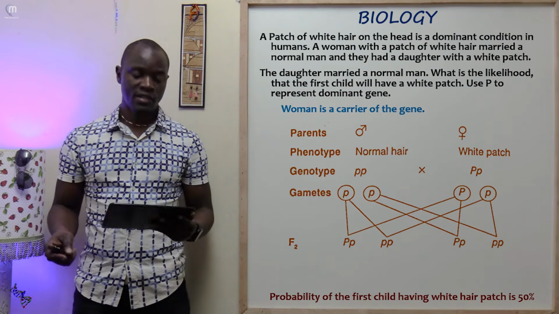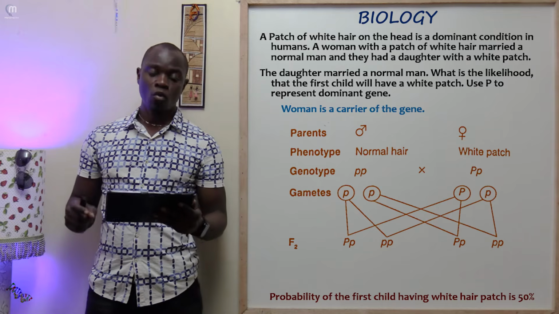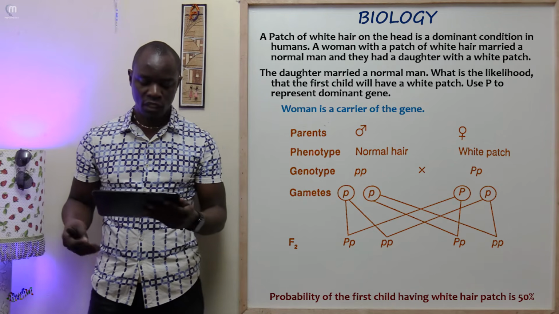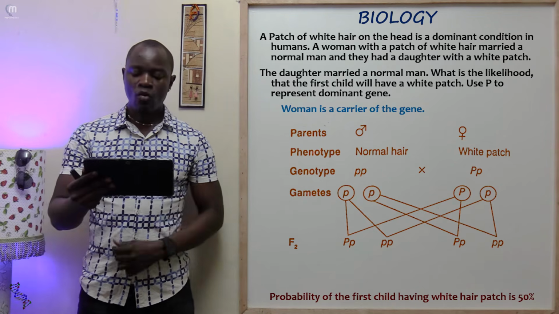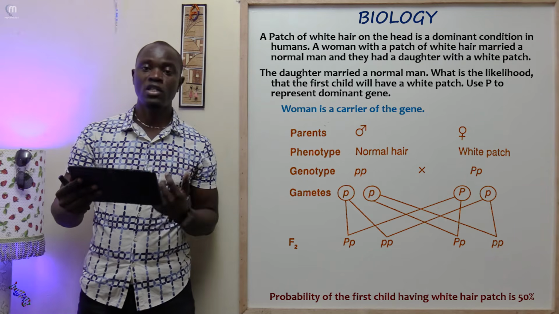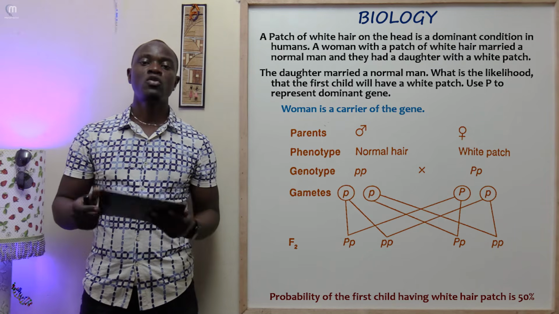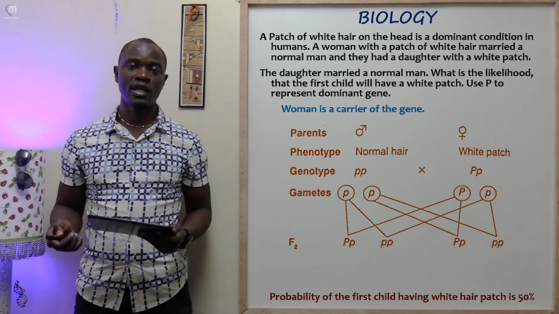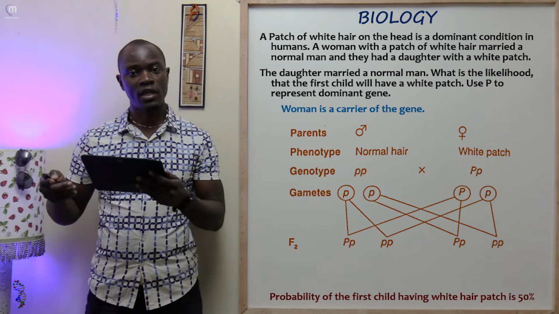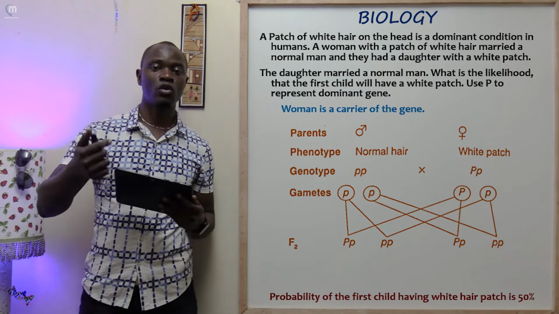So the next question says that a patch of white hair on the head is a dominant condition in humans. Then a woman with a white patch of hair married a normal man and they had a daughter with a white patch. So remember, in these conditions the white patch on the head is the dominant condition.